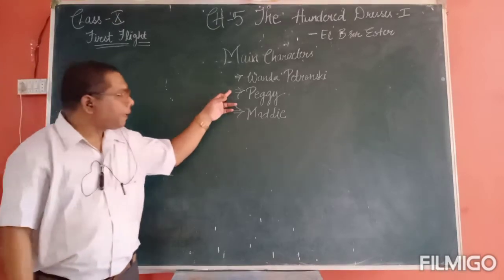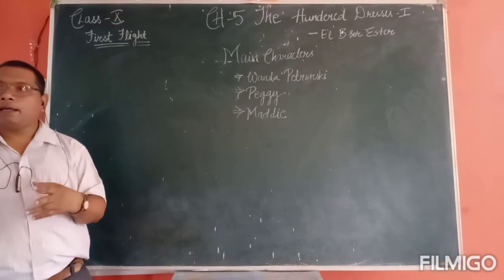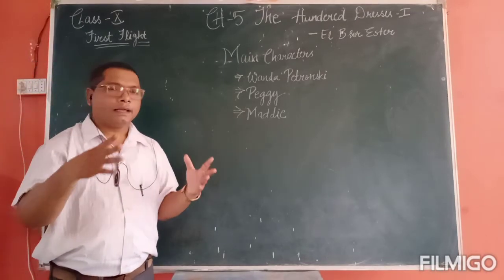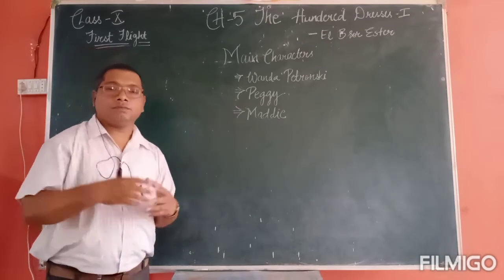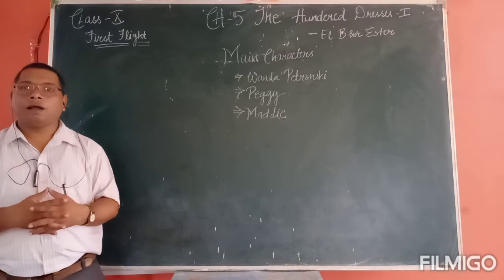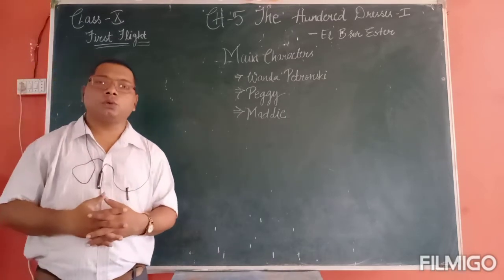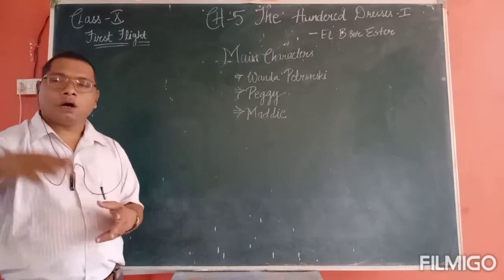Both Peggy and Maddie also didn't notice why Wanda was absent. Wanda was a girl who was always sitting in the last row of the class, in the corner of the last line.